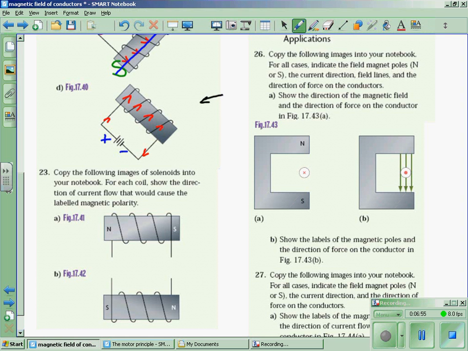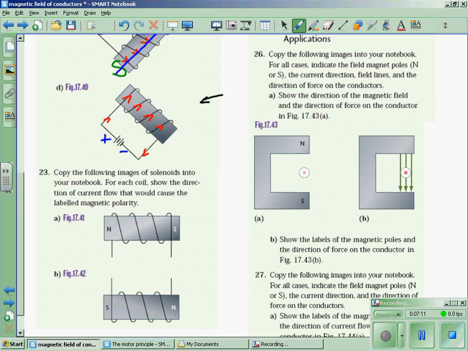Now, once again, you're going to take your right hand and wrap it around the coil so that it's going in the same direction as the current flowing through the coils.